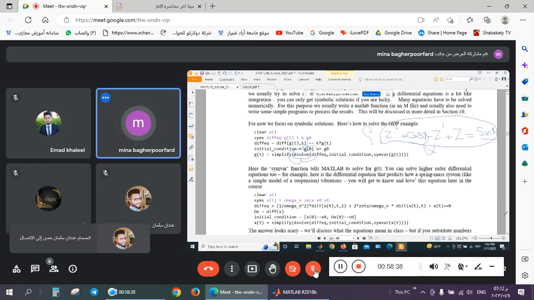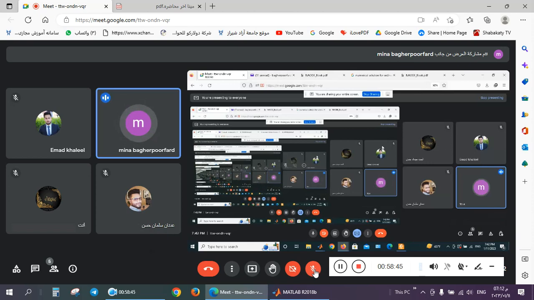Numerical method is the subject of our lecture in the next session. From next session, I start numerical solution. Okay? Until now, I use the commands in MATLAB for finding exact solution for integral, for derivative, for differential equation.